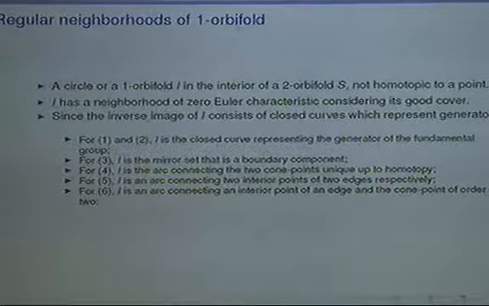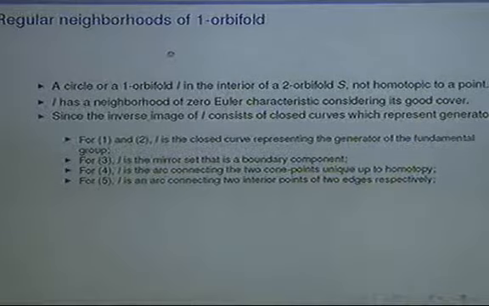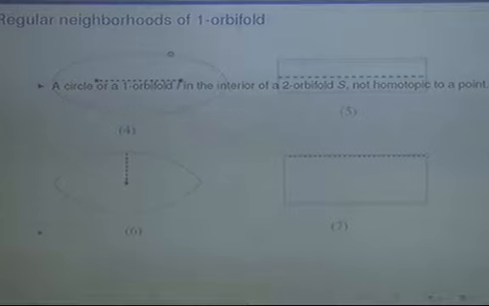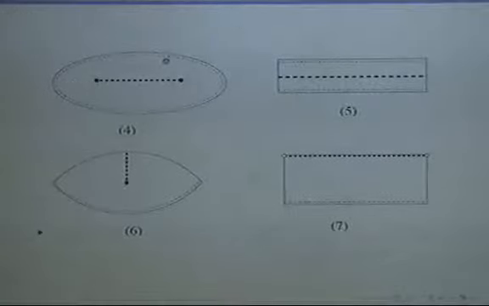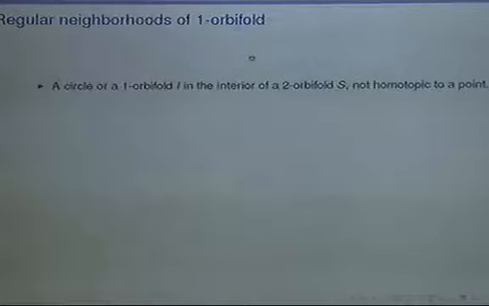And for 3, it is a mirror set, which is in the boundary. So it's a Silbert annulus, so it has to be in the singularity. And number 4 and 5 I drew here, right? So the only way for a 1 orbifold to have this kind of neighborhoods. It's going to be very close to it, but usually you can find this kind of neighborhoods. So this is called the regular neighborhoods of the 1 orbifold.